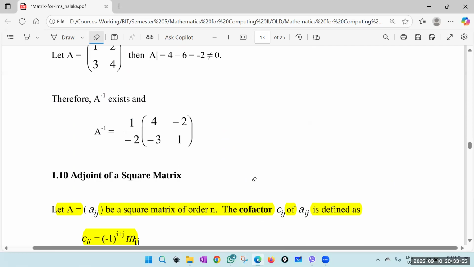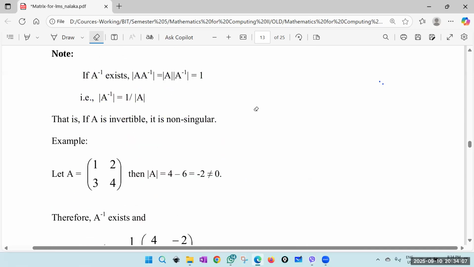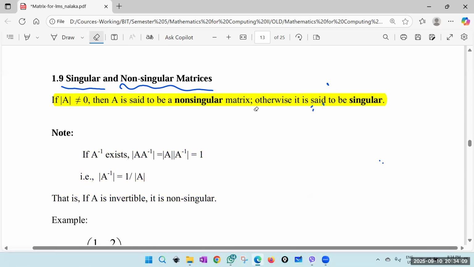Not every matrix has an inverse, but some matrices do. And if a matrix has an inverse, its inverse is unique. So a matrix doesn't have more than one inverse, but not every matrix has an inverse either.